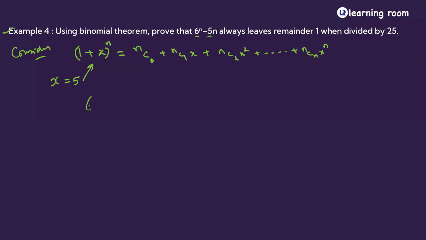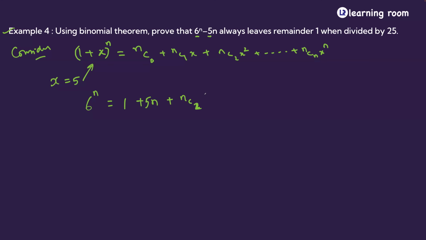We'll get 6^n is equal to nC0, which is 1, plus what is nC1 here? It is n. And what have you substituted in the place of x? You have substituted 5. So can I write this as 5n? Plus nC2, I'm not disturbing. I know that nC2 is going to be some number. nC2 into what is x²?